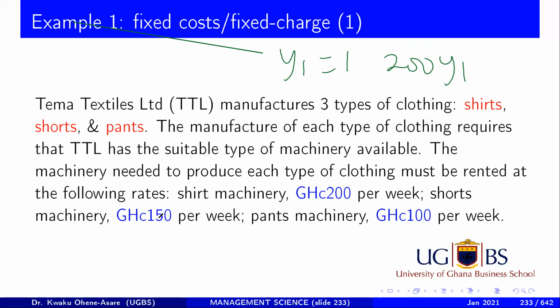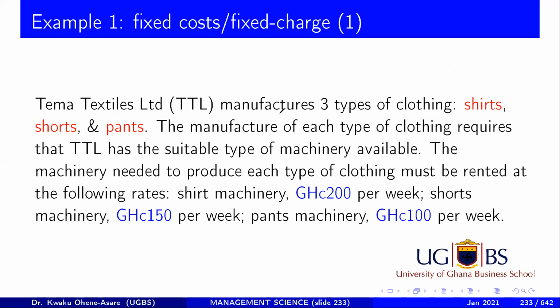And then the other one will be the 150 y2, and the other one will be 100 y3. So they should be captured inside the objective function that you are formulating. So let's go to the objective function here.